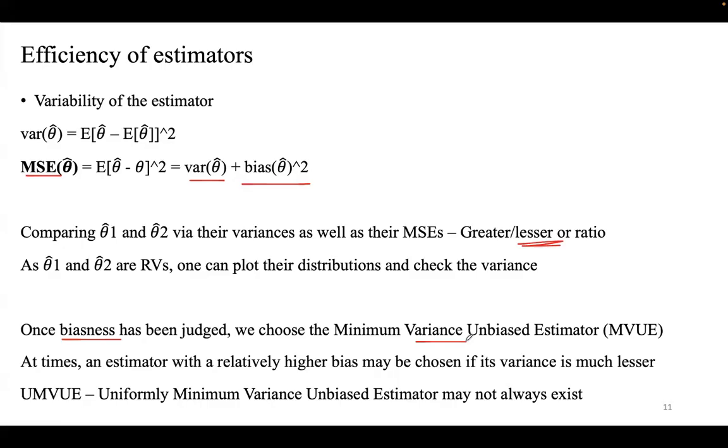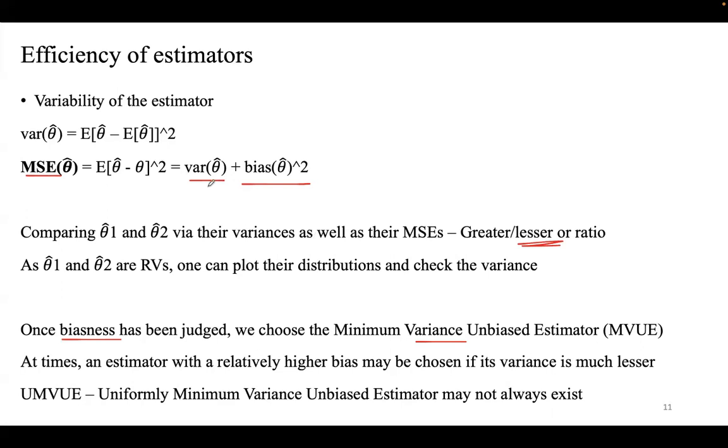Let's say 1, 2, and 3 had a very low bias, and 4 and 5 had a slightly higher bias. You would normally say, okay, I will not consider 4 and 5; 1, 2, 3 have a low bias, so they should be good. But maybe 4 and 5 have a very low variance, whereas 1, 2, 3 have a very high variance. So it is like a trade-off.